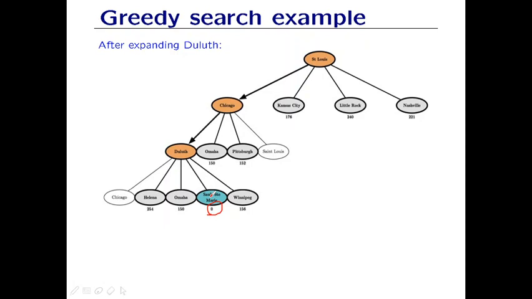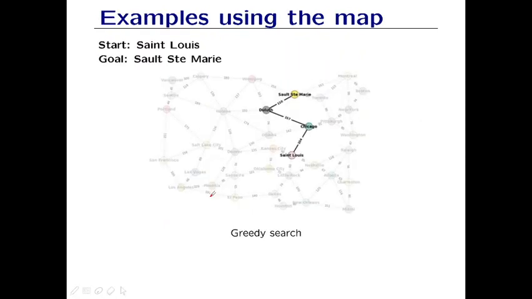It's very easy. Now you can see here they show it with a map. You start with St. Louis, and your goal is to reach Sault Ste. Marie.